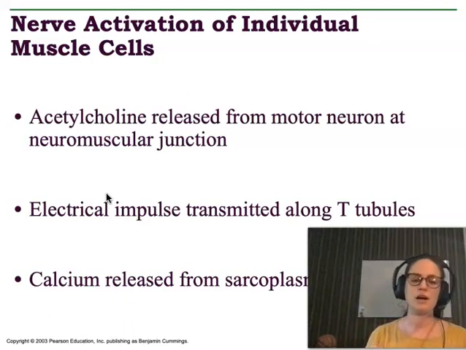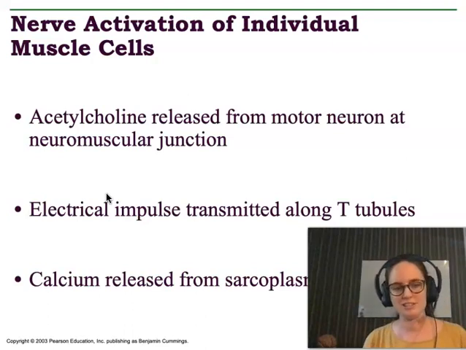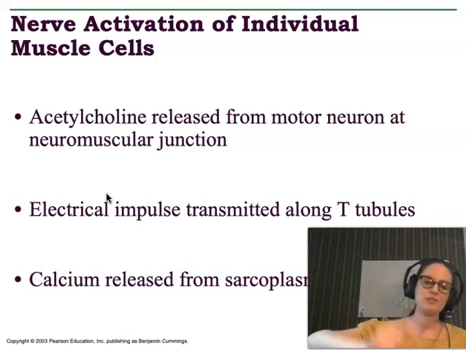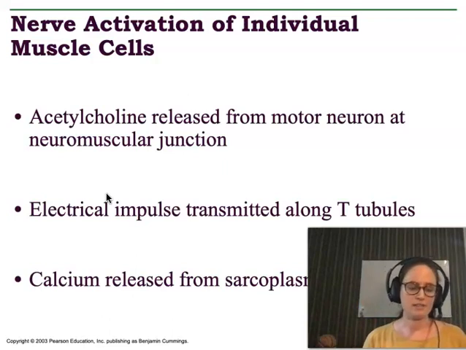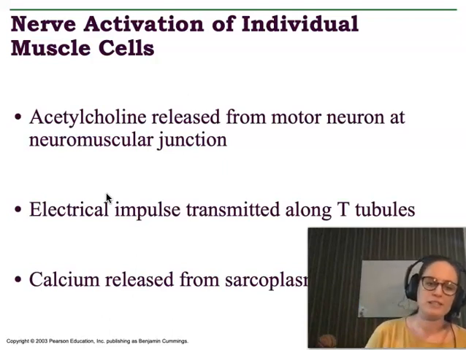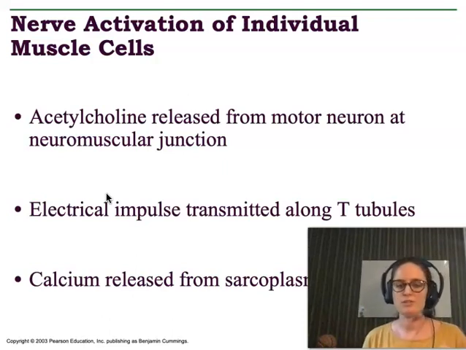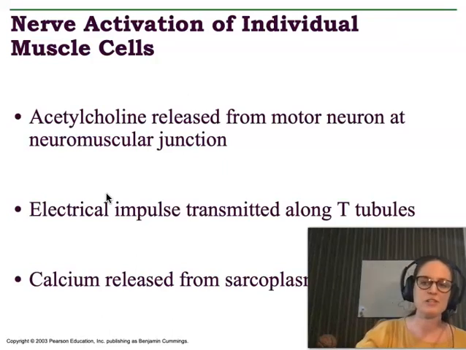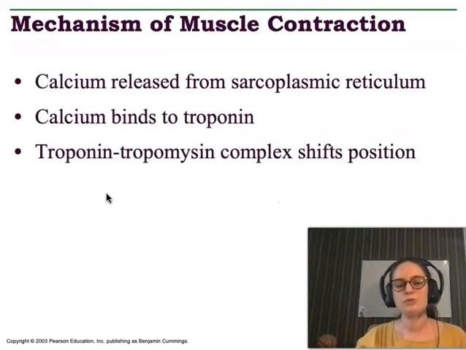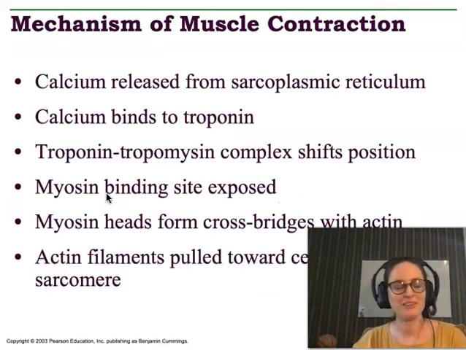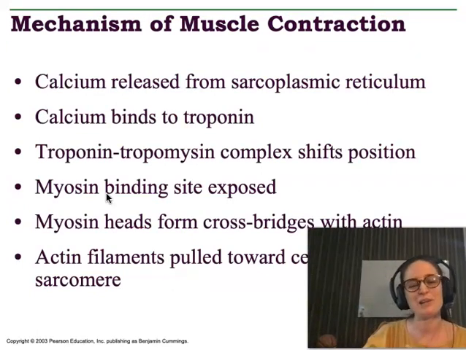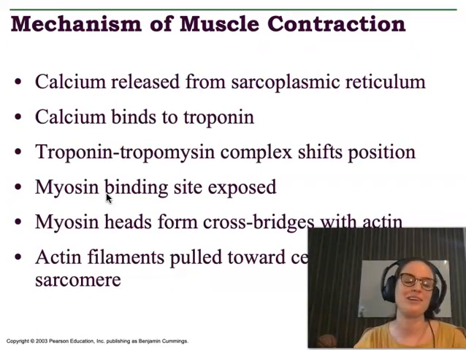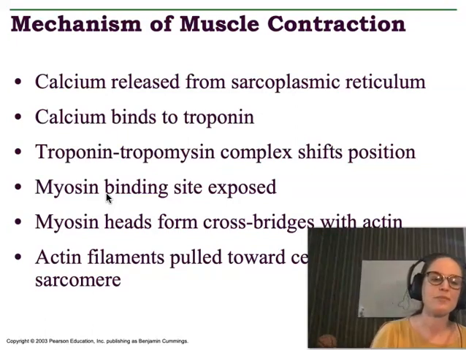This is going to cause depolarization down the T-tubules. An electrical impulse is going to be transmitted along the T-tubule. The electrical impulse traveling along the T-tubule is going to release calcium from the sarcoplasmic reticulum. That calcium is going to diffuse into the sarcoplasm. Instead of cytoplasm, it's so specific, we're going to call it sarcoplasm.